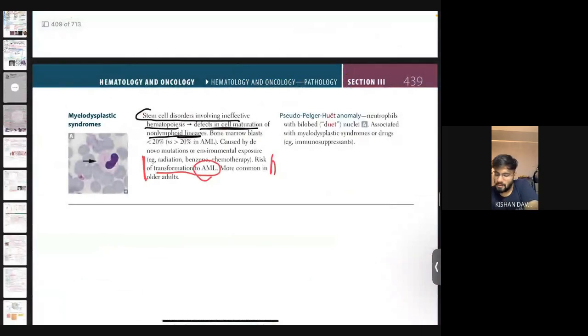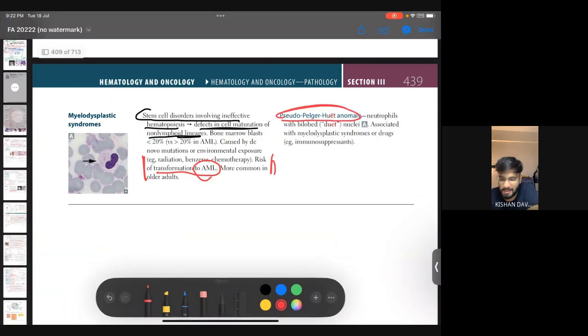So, pseudo Pelger-Huet anomaly. In UWorld, there wasn't any question regarding this, but the name popped up in one of the options. And if you are reviewing your UWorld, you have to look at all the options while reviewing. There wasn't any question related to this, but then we got to know what it actually is.